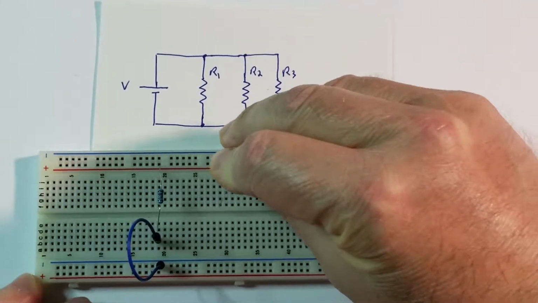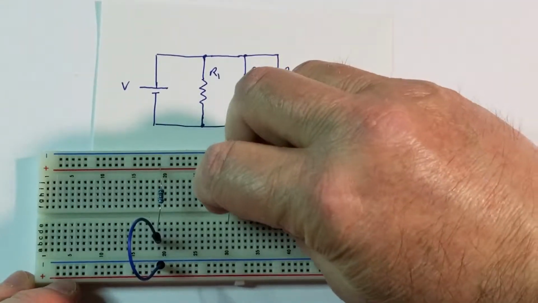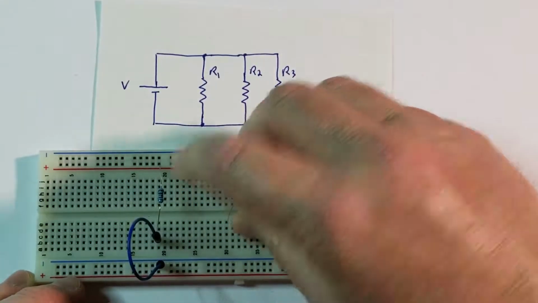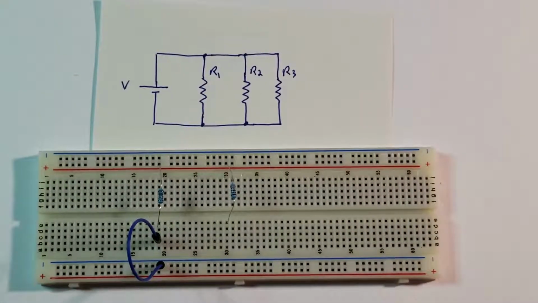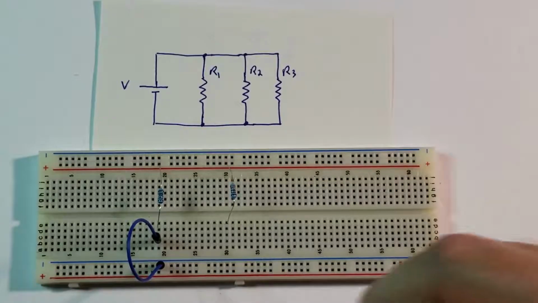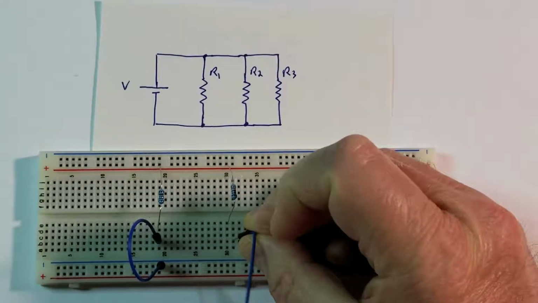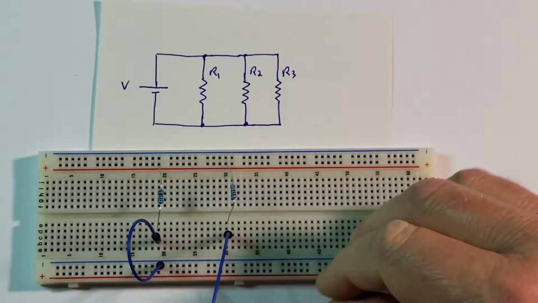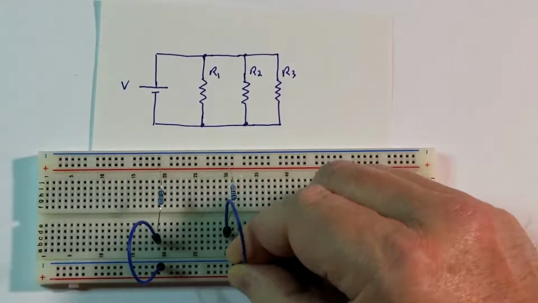So positive power rail, this column here, then this wire connected here on the same column, and then on the negative power rail.